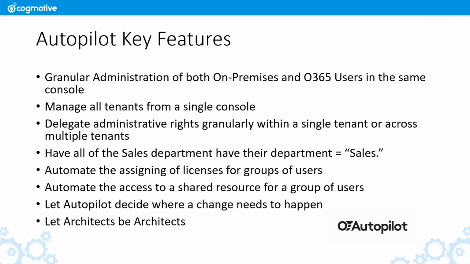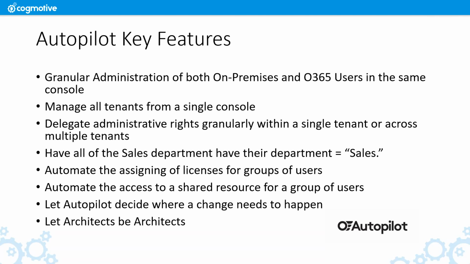I don't need for you or whoever you're delegating your administrative rights to have to understand that, okay, this is an on-prem user, so I have to update it on-prem, or this is a cloud-only user, so I have to update it in the cloud. They're just shown as a user within the user interface. And when someone's been delegated rights to update those, they get updated where they need to be updated.